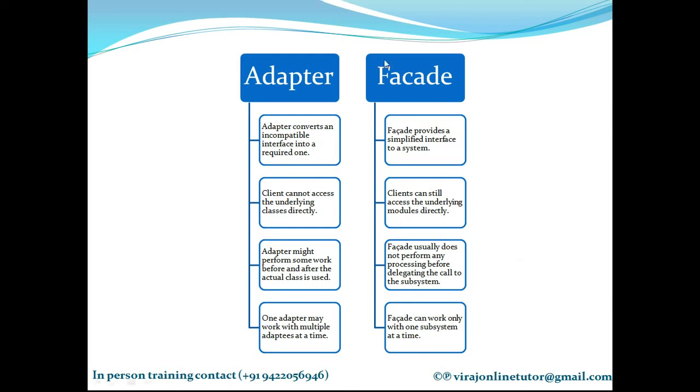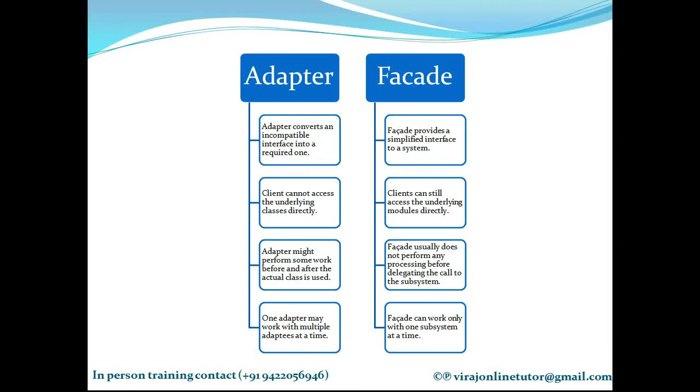Whereas what does a facade do? Facade provides a simplified interface to a system. It is not adapting, it's providing a simple interface. We had seen in an example, we had electrician, engineer, miscellaneous, technician. These were the different classes which were loitering around here and there.